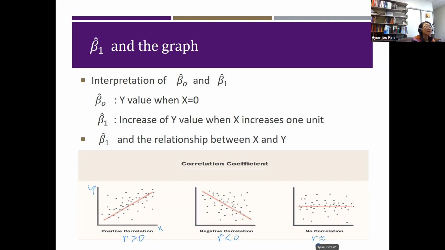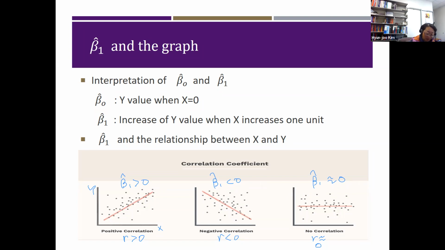It has a similar thing. Beta 1 hat is the slope, and it's also telling us the relationship between X and Y. So for this guy, your slope is positive. This one, your slope is negative. And this guy, your slope is about equal to 0. So you see the relationship between beta 1 hat and R. They share similar properties.